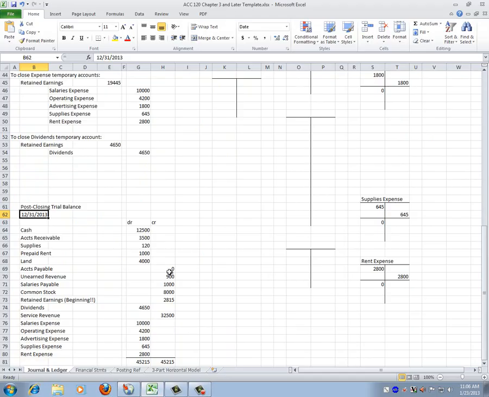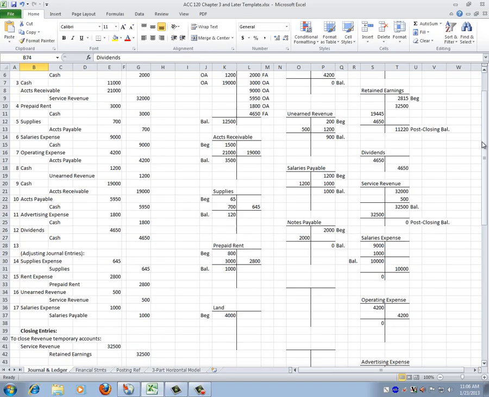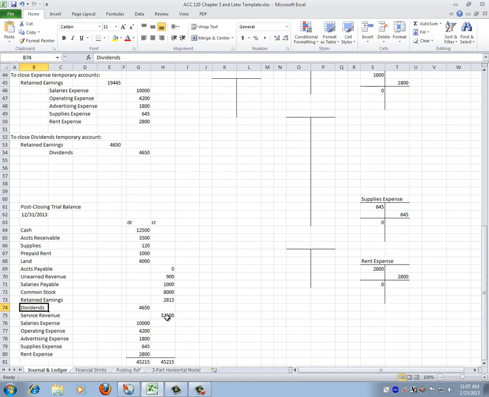And our liabilities, accounts payable 0, unearned revenue 900, salaries payable 1,000. And our couple of equity accounts, common stock 8,000, retained earnings no longer showing beginning on the post-closing. We've brought it to its true ending of 11,220 post-closing balance.